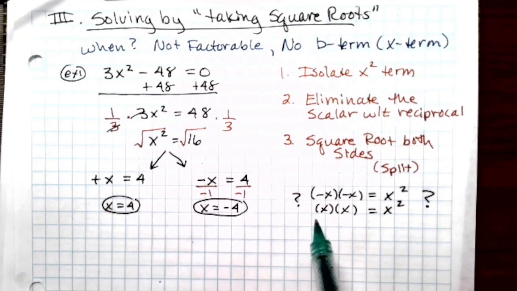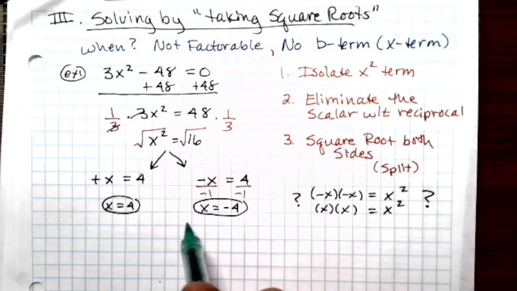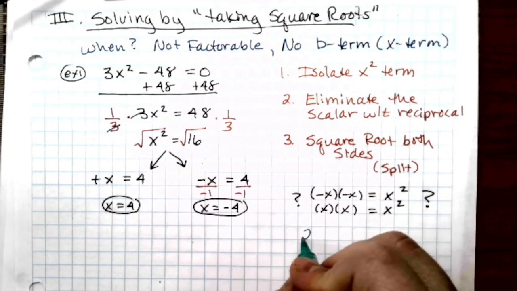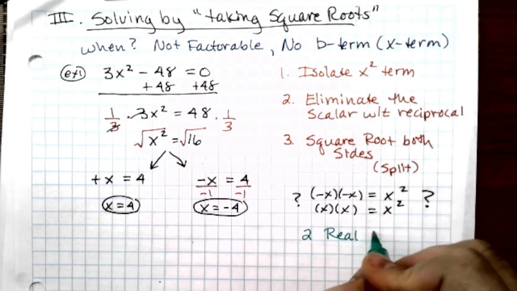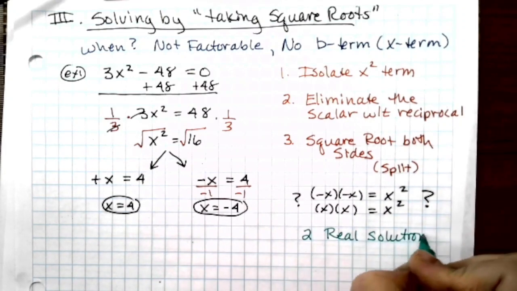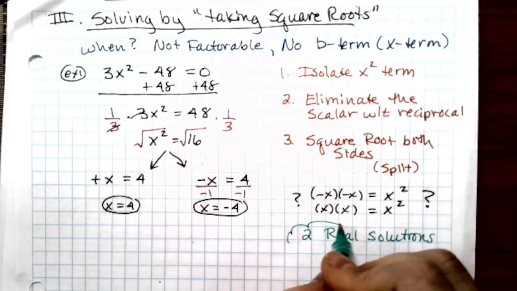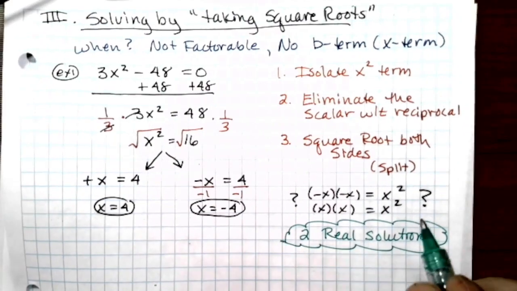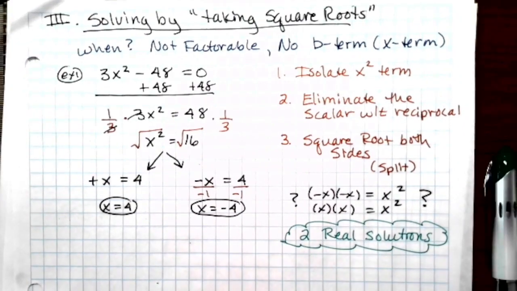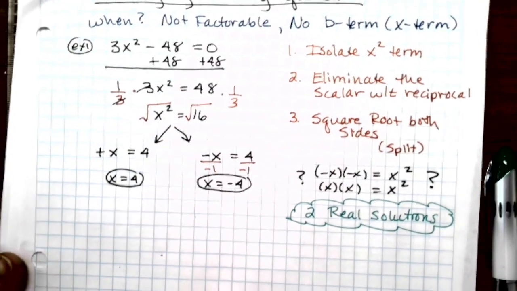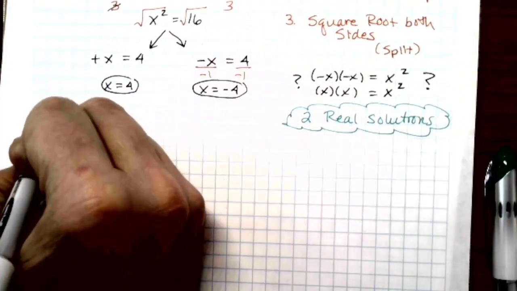In this case, if we had to describe what kind of solutions we got, we have 2 real solutions.